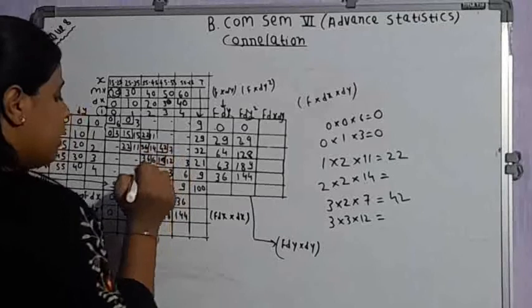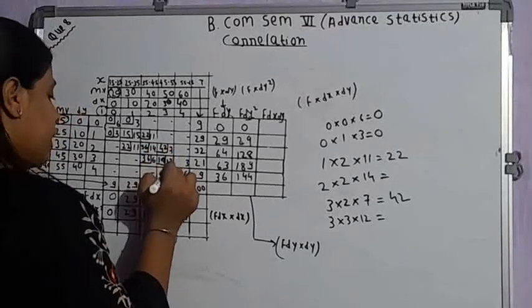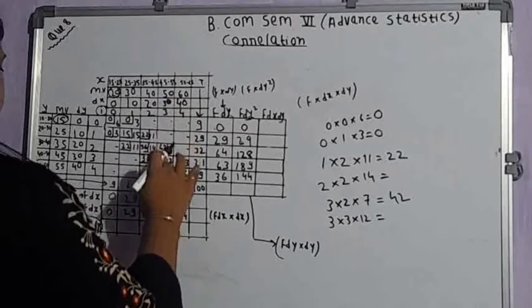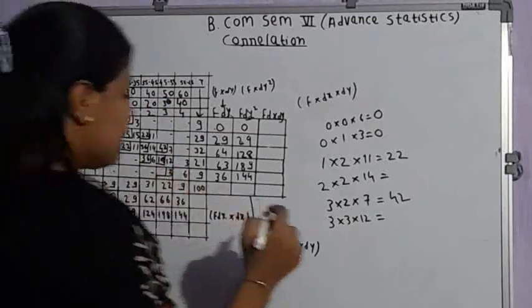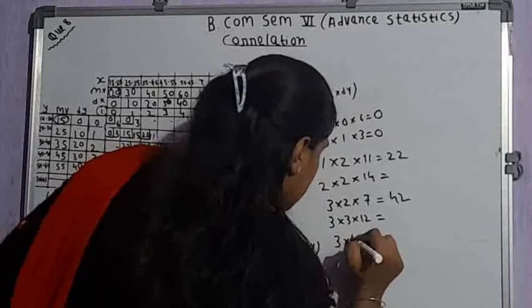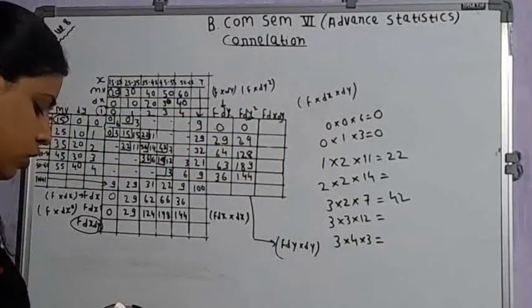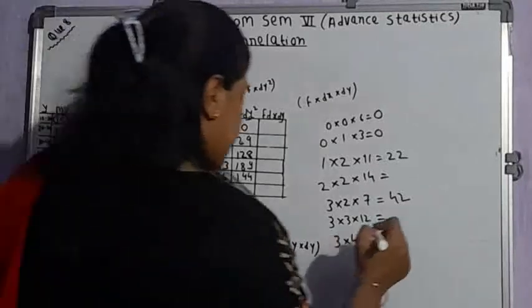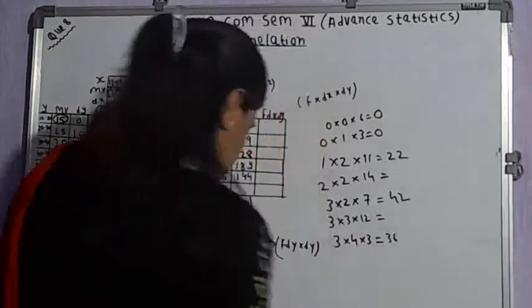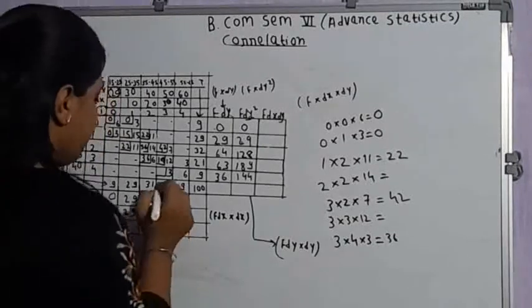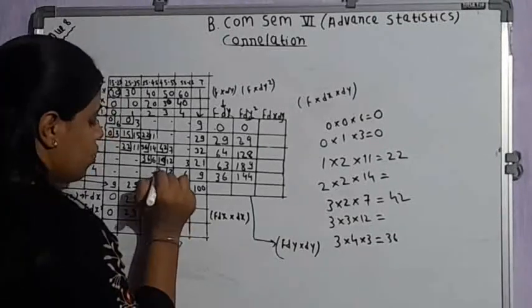Then in case of 3, when the frequency is 3, dx is 3, dy is 4 and frequency is 3. So 3 into 4 into 3 would come to 36. So we will write 36 over here.